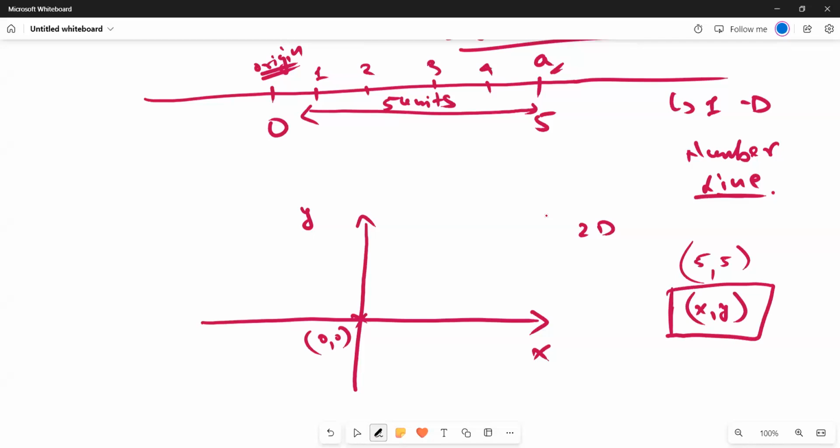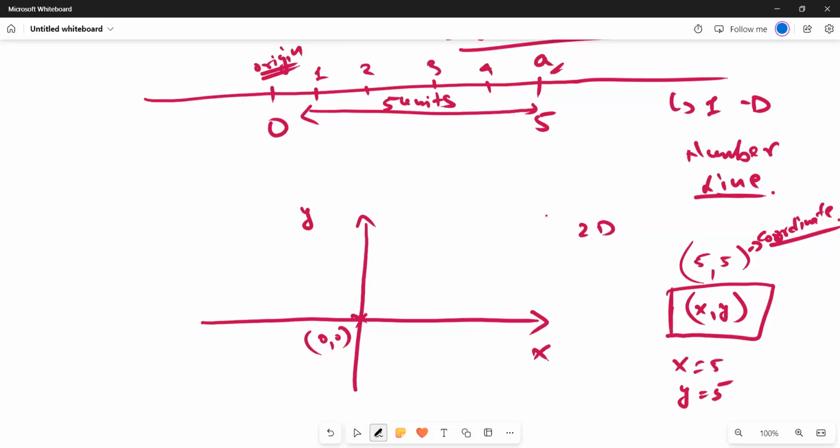So if I'm having 5, 5 as my coordinate, right? This is referred to as a coordinate, right? So here, if I'm representing my point like this, this will be present at 5, 5. So here x is equal to 5 and y is equal to 5, right?